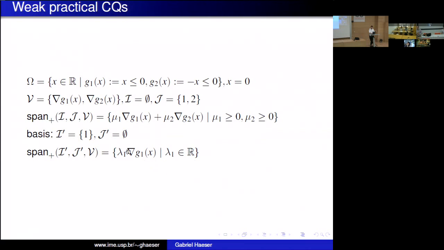So I generate the whole line as I did before. So this is in fact a basis for this cone. And this is a non-zero vector. It's positive linearly independent.